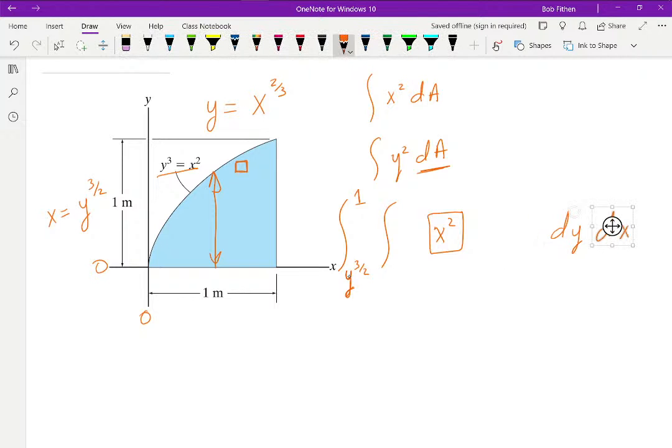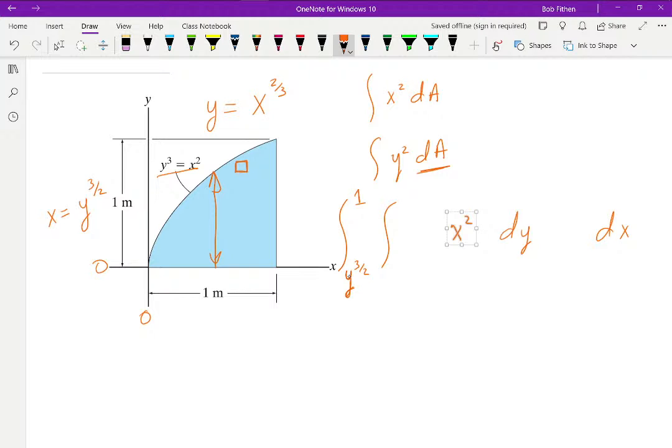Move this back a little bit. So now let's look at dy. I may have had this backwards. So in essence, let's start back at this dy.